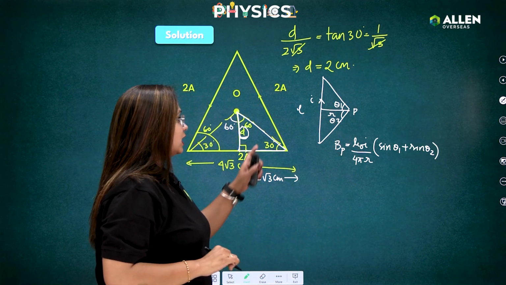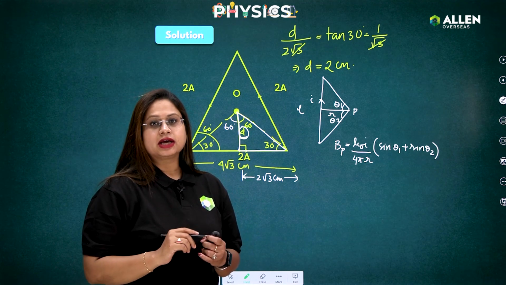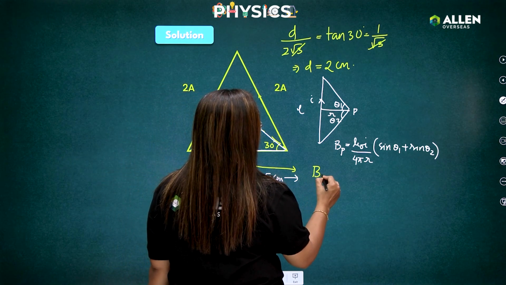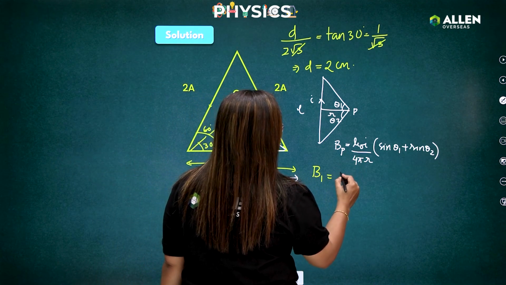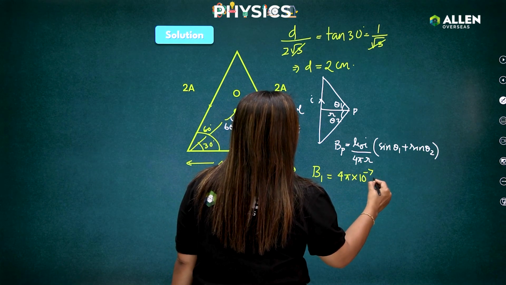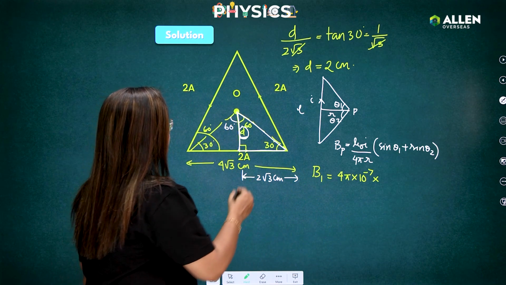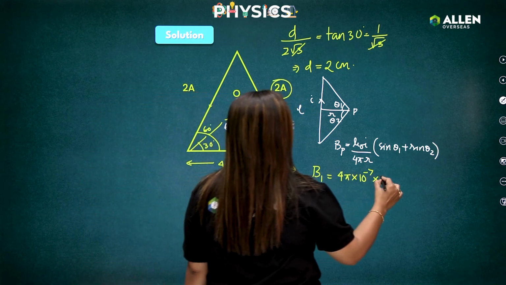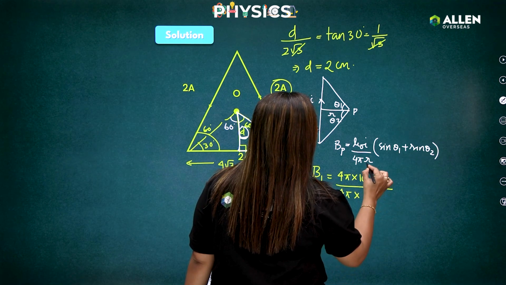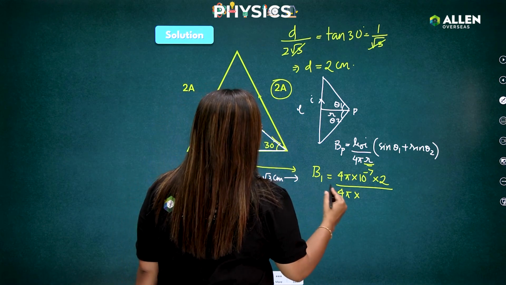Now that we know the value of this perpendicular distance, we can find out the magnetic field due to a single current carrying wire here. So I am writing down the magnetic field due to wire number 1 is equal to mu naught, which is 4 pi into 10 to the power minus 7, and we are just plugging in the values given in the question. The current carried in the wire is equal to 2 ampere divided by 4 pi, and we just calculated the value of perpendicular distance small r or small d is equal to 2 centimeter.